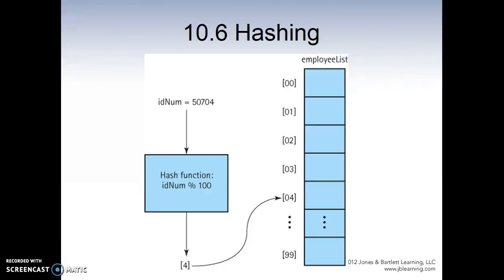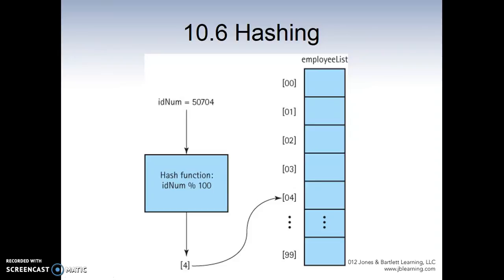Hashing. So hashing relies on a hashing function as a technique when you search. For example, I'm looking for an employee from an employee list. The employee has index 00 to 99, so we have an array which has a limited size of 100, right? But the employee ID is 50,004.